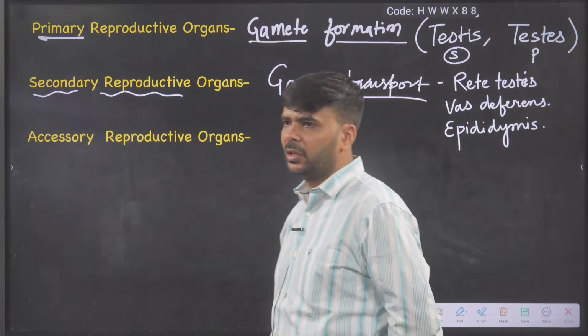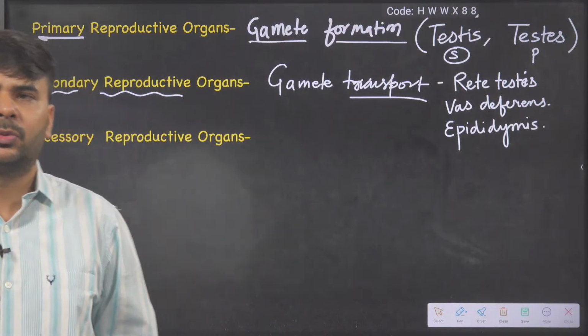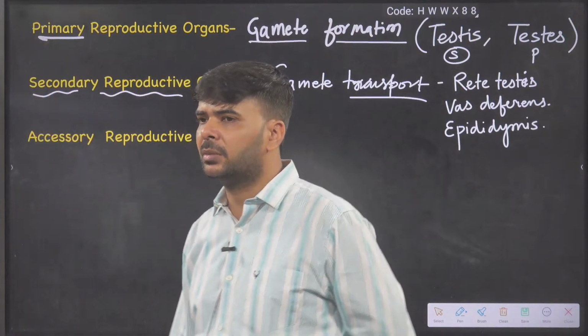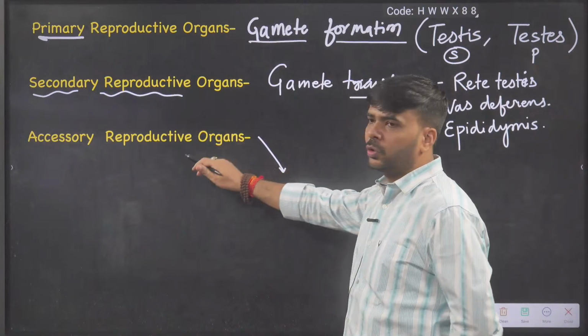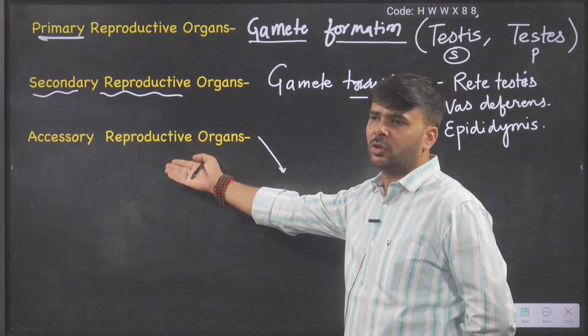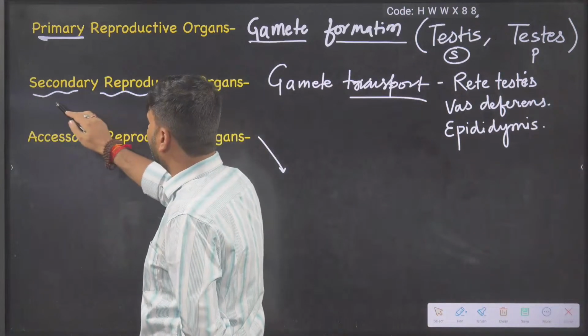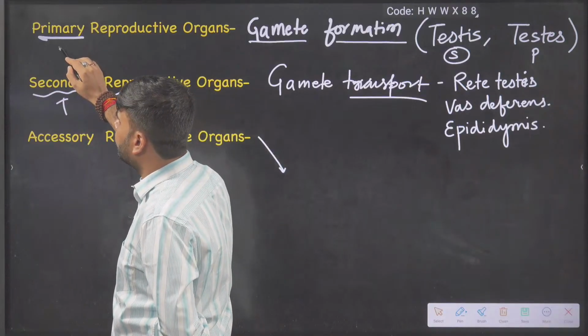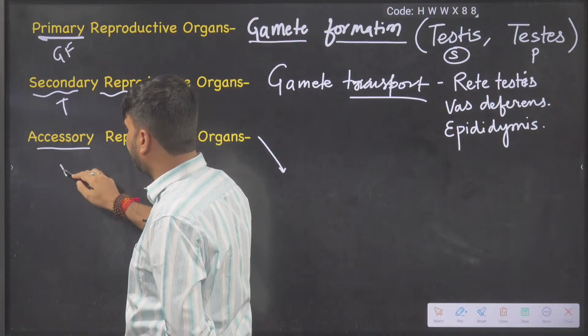No, seminal vesicle is not used for transport. Those who are answering seminal vesicle, it is an accessory reproductive organ. What is helping in reproduction is called an accessory reproductive organ. Primary is gamete formation, secondary is transport, accessory is helping.